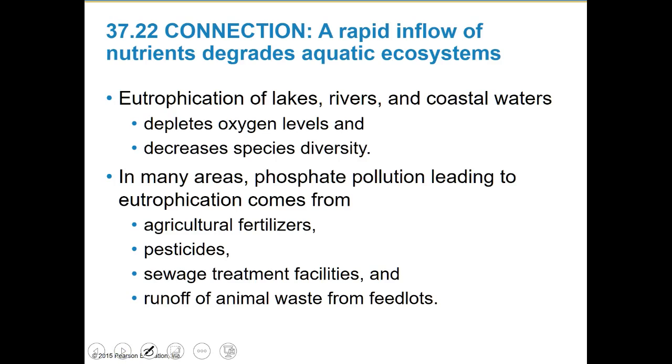So eutrophication in lakes, rivers, and coastal waters depletes the oxygen levels and decreases species diversity. And that's the biggest bummer, because we really need to keep species diversity so we have a healthy environment. In many areas, phosphate pollution leads to eutrophication, and it comes from agricultural fertilizers, as I was talking about, pesticides, sewage treatment facilities, and runoff from animal waste and feedlots.